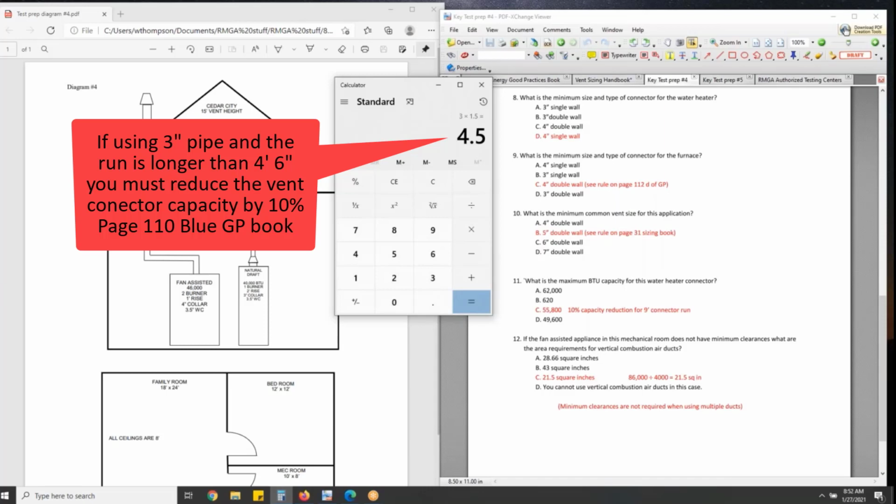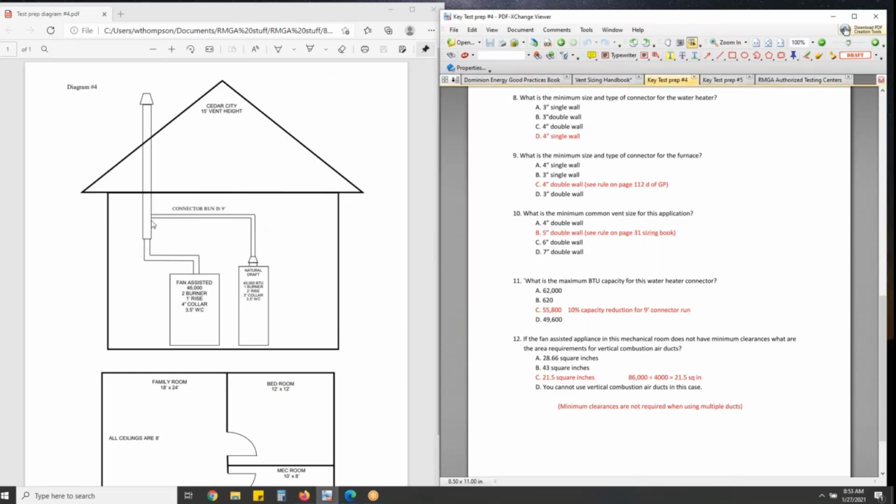Yeah, so if I got this right, if we did use a 3-inch, the longest run it could be is 4 feet and 5 inches, right? If I was using 3-inch, my run could only be 4.5 feet long, but I've got a 9-foot run there. Okay, so I've got to step it up just simply because of the length of the run.